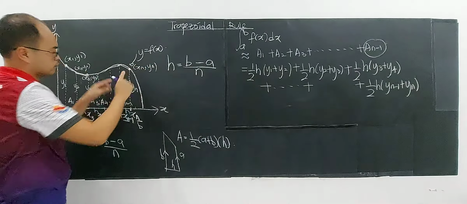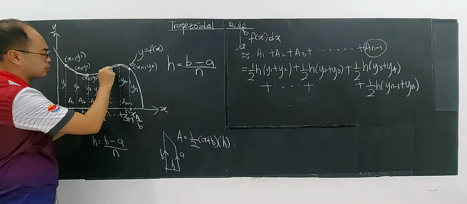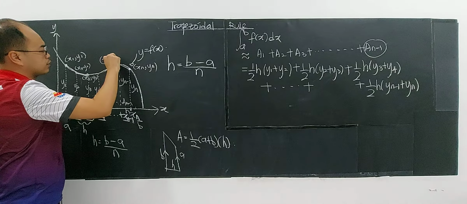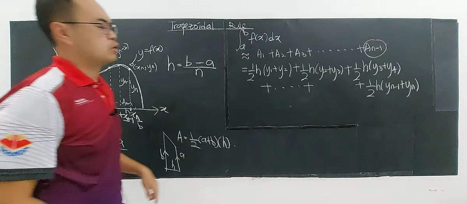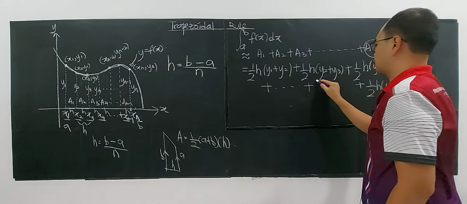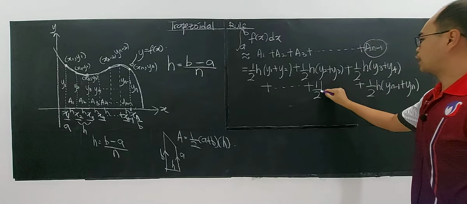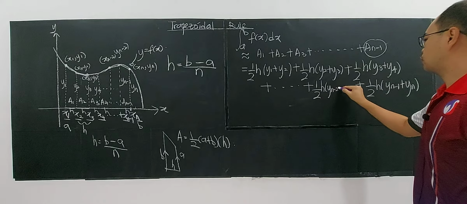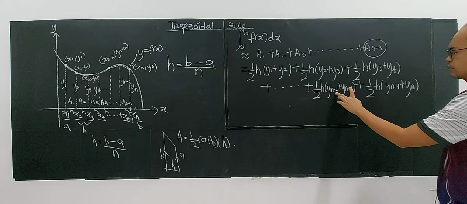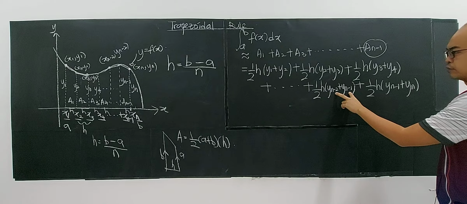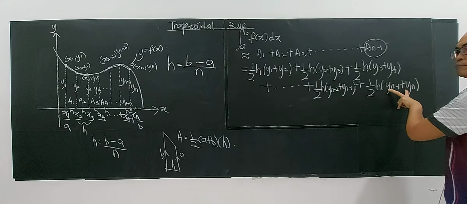This is yn minus 1, and this is yn minus 2. If you keep writing, as you add a trapezium, before this you have 1 over 2 h times yn minus 2 plus yn minus 1. Just like if this is 6, this will be 7, then 6, 7, 7, 8.